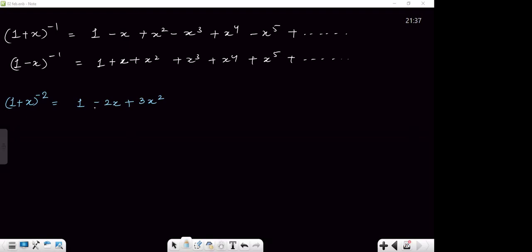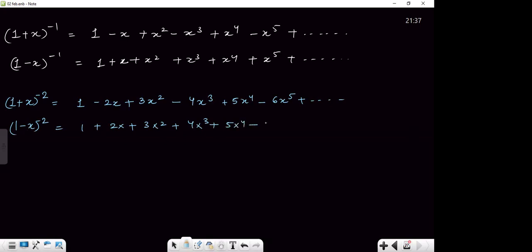Okay. (1 + x)^-2 = 1 - 2x + 3x square - 4x cube + 5x^4 - 6x^5. It will go on like this. For (1 - x)^-2, it will make all the signs positive.